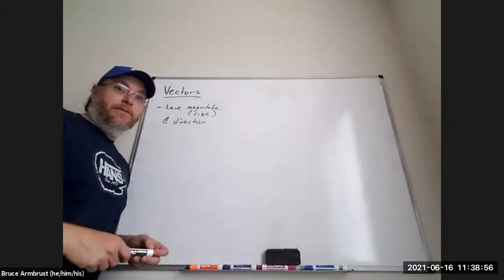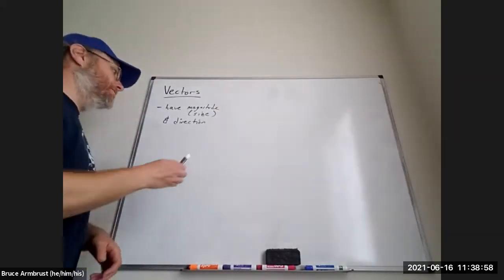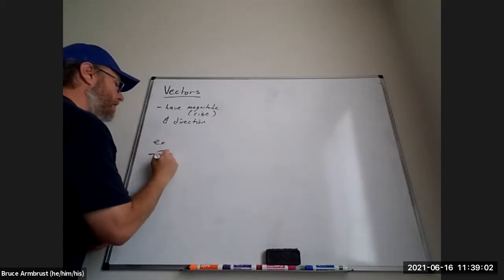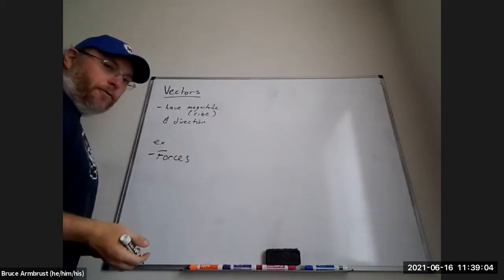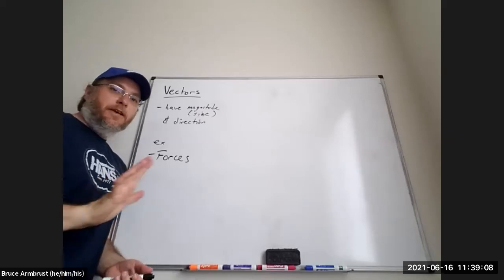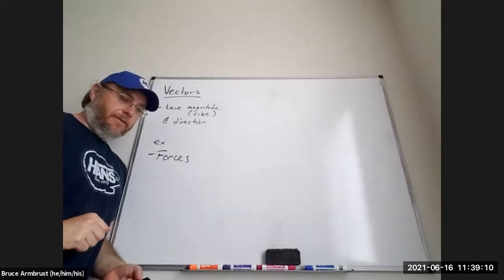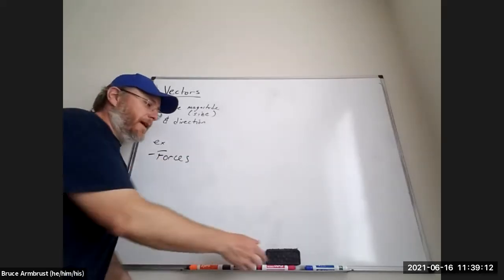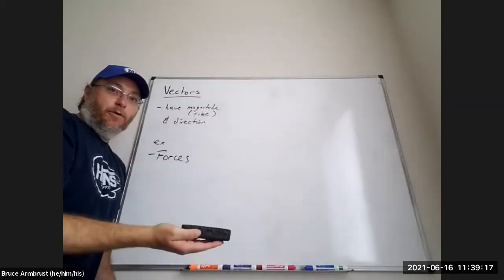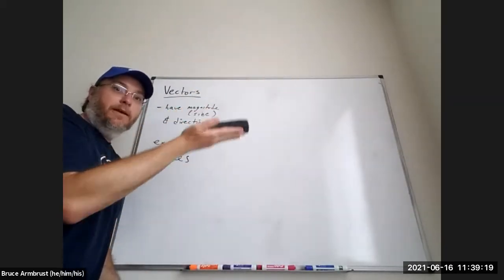So some examples of things that are vectors. All right, forces. Now, forces are just things that cause pushes and pulls. So like when I lift this eraser, I'm applying a force because I'm making it move.